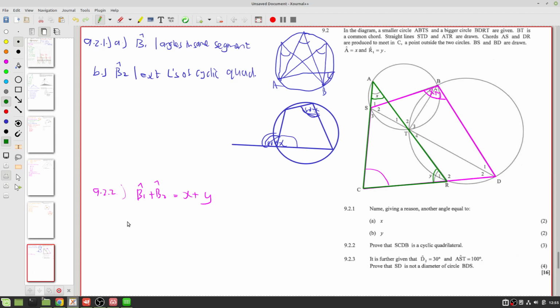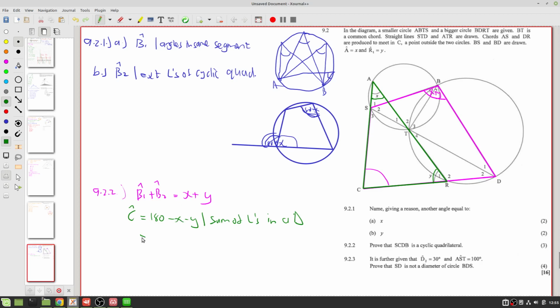So angle C is equal to 180 minus X minus Y. And the reason for that is that the sum of angles in a triangle add to 180. So these three together must give us 180. So that's what we have for angle C.